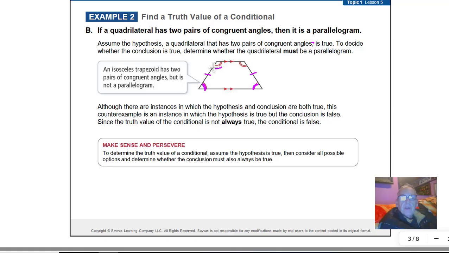And if we were to flip it upside down, those two angles here at the top would now be base angles, and those would also be congruent to each other. And this situation only occurs in an isosceles trapezoid. But here we have a quadrilateral with two pairs of congruent angles, yet only one pair of sides is parallel. So that's our counterexample.